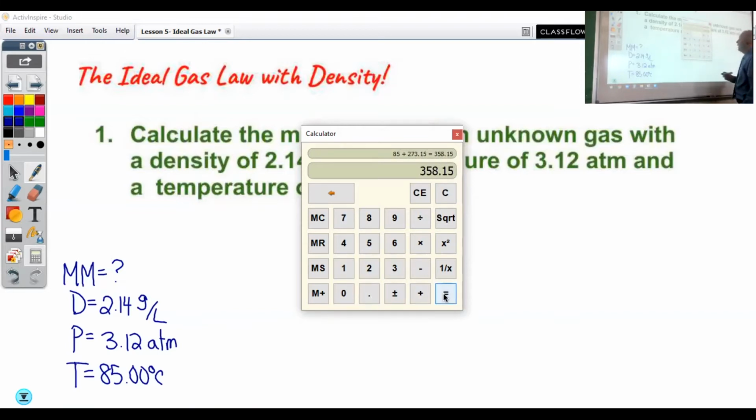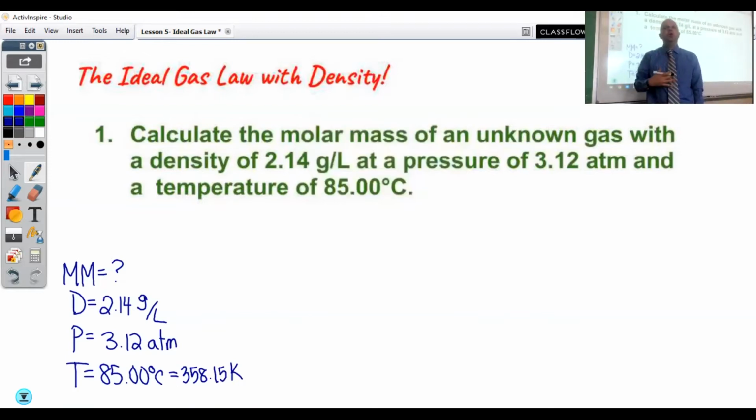And in this case, we're going to get a new temperature in Kelvin that's equal to 358.15 Kelvin. Keep in mind, the other piece of information that you always know is your value for R. The constant that we used in the ideal gas law equation, we're going to once again use in our equation with molar mass and density.